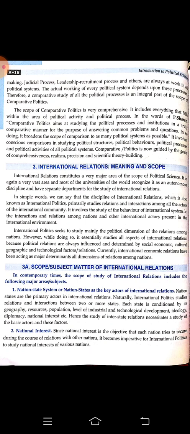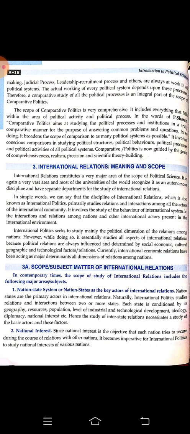Here we need to understand how a country deals with other nations. That means what the national interest will be. For example, India makes five-year plans. Every five years we make certain plans. So what is the national interest? For five years, how is the government going to act with other nations?